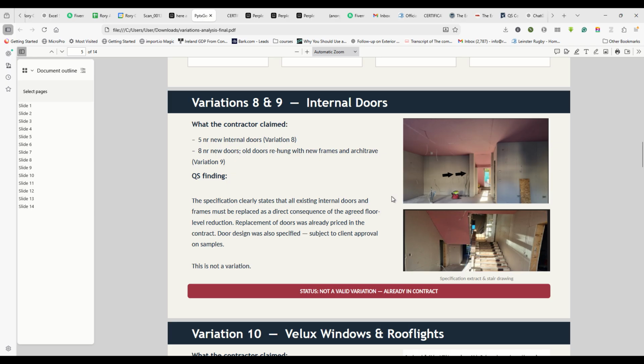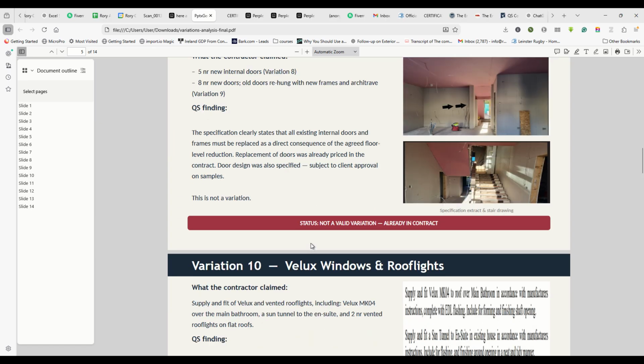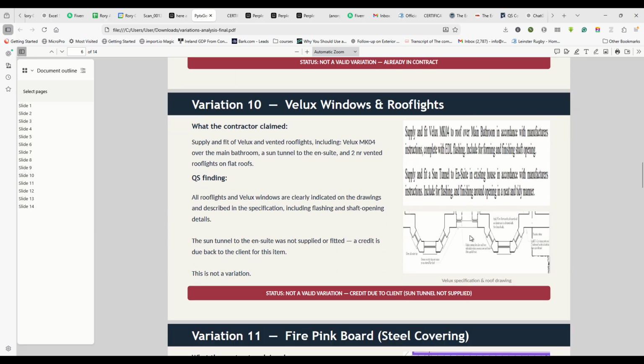Okay, internal doors: the contractor was trying to suggest that internal doors and frames weren't in it, and we went back and showed them in the specifications, yes they were. So that was not valid, it was already in the contract and was rejected.